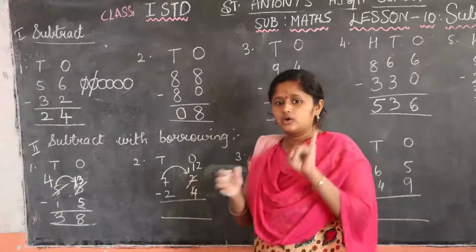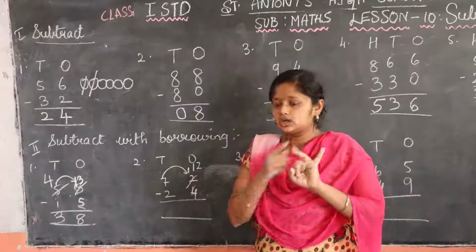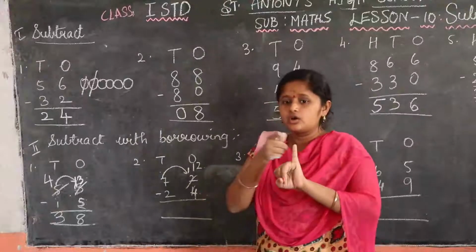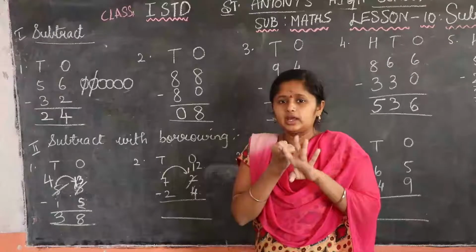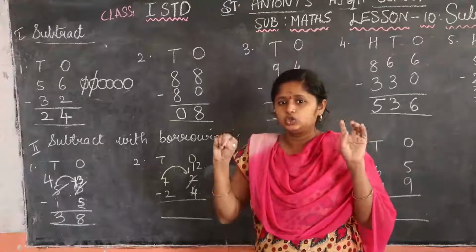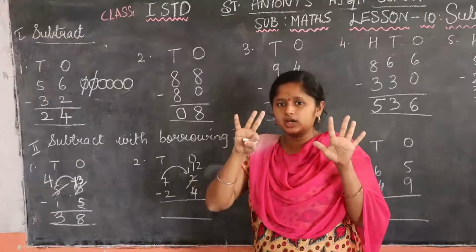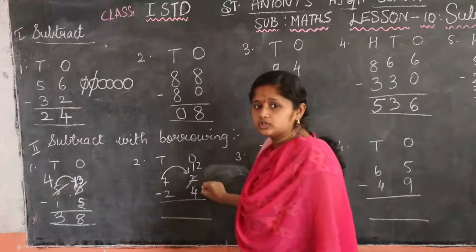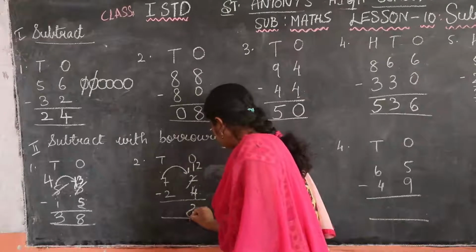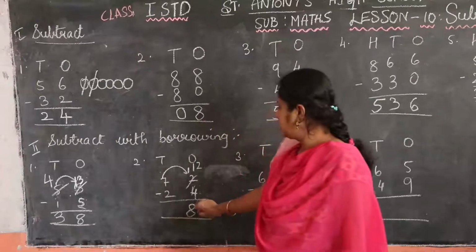After 4 you count 5, 6, 7, 8, 9, 10, 11, 12. So how many fingers are there? 8 fingers. So 12 minus 4 is 8.